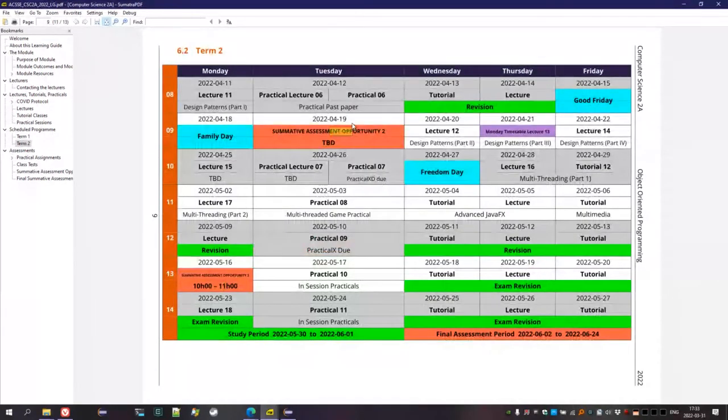As far as semester test 2 or SAO2, that is your practical test. You will see that in week 8, the week you come back, we do give you a past paper as practice. So that will be just as you had this past week. You will get given the paper at the start of the session.